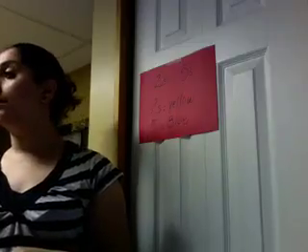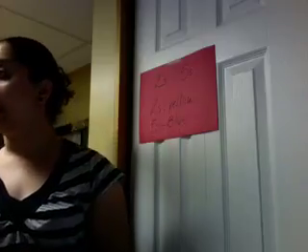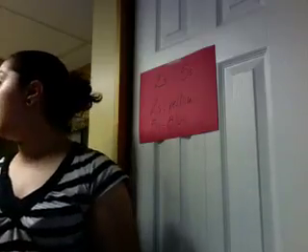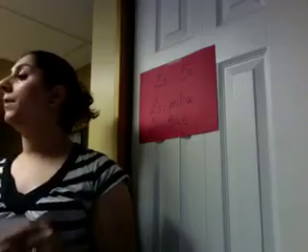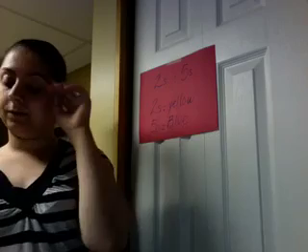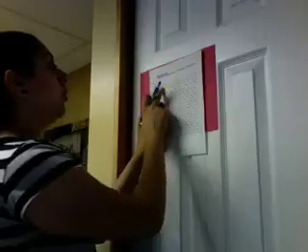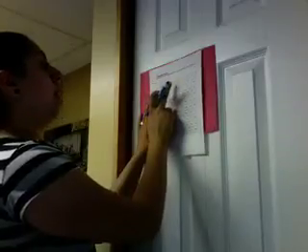Yes, Jennifer. Correct. When you're multiplying by 5's, we're going to be adding 5 each time. So, we're going to begin. We're going to count 5 squares. 1, 2, 3, 4, 5.